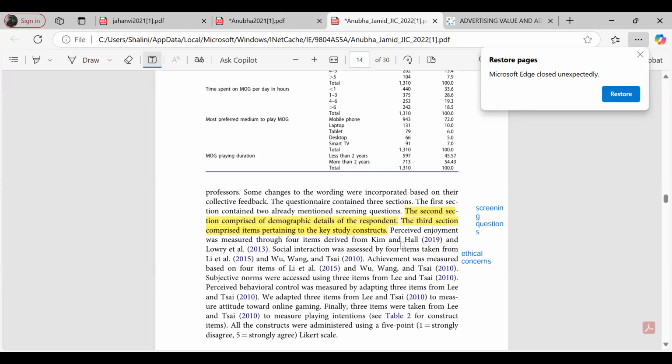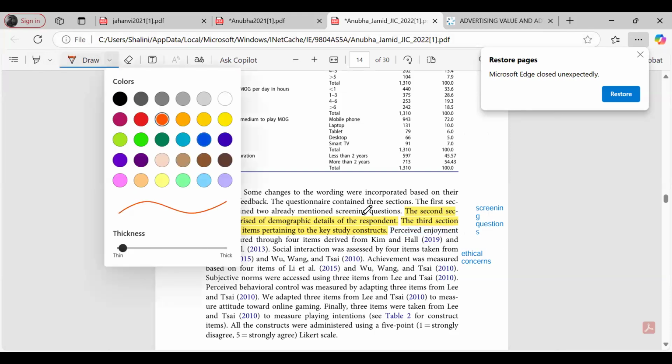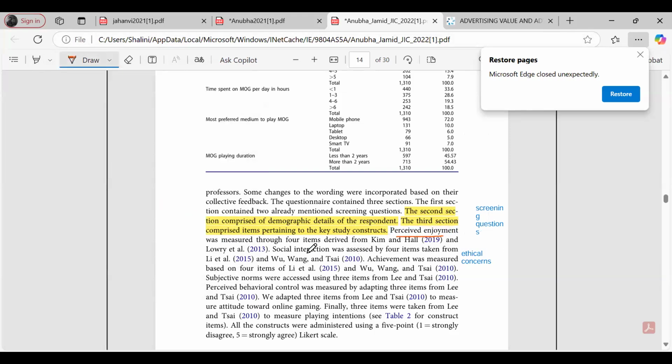So for example, here, perceived enjoyment is one construct, right? Social interaction was assessed by 4 items taken from C. Now, look here. It is not necessary that you take items from just one author or from just one paper.